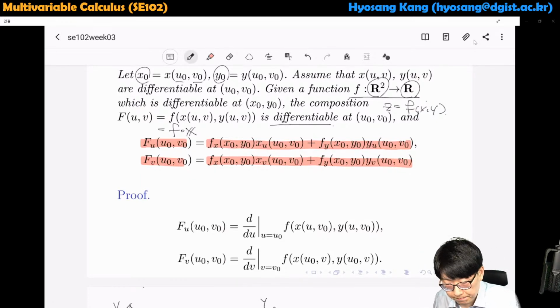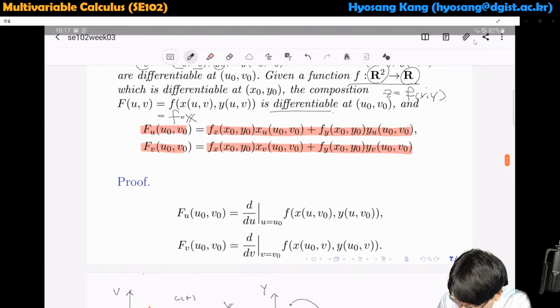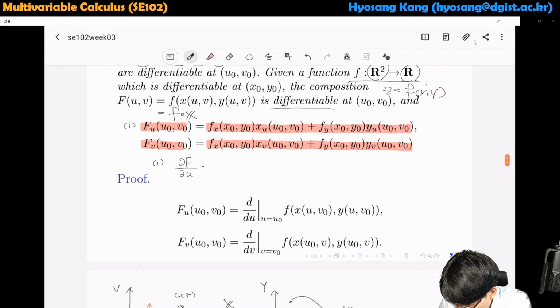It is not good looking, but if I write my partial derivative in curly delta notation, the first one is written as del f del u equals, and I drop the coordinates of points for simplicity. What I get is this expression.